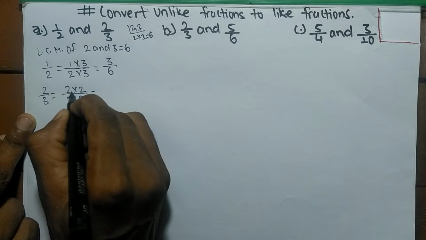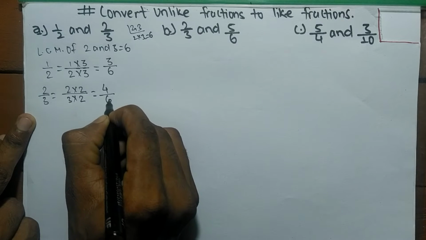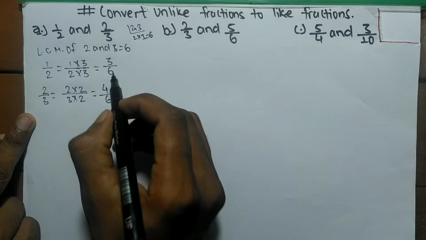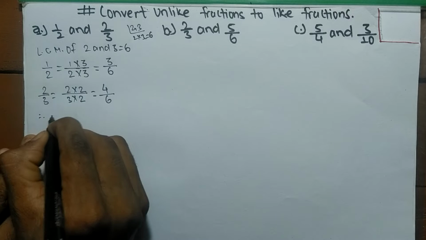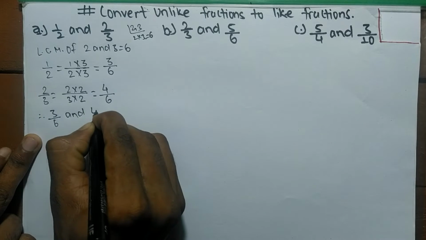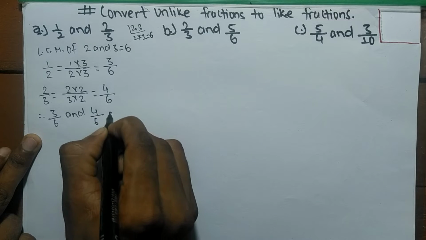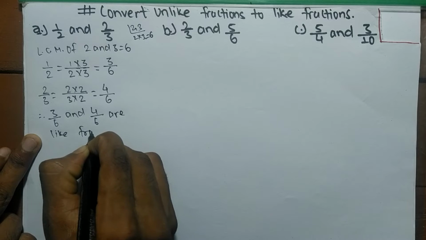So it is 2 times 2 means 4 by 3 times 2 means 6. Now we got the same denominator, 6 and 6. Therefore we can say that 3 by 6 and 4 by 6 are like fractions.